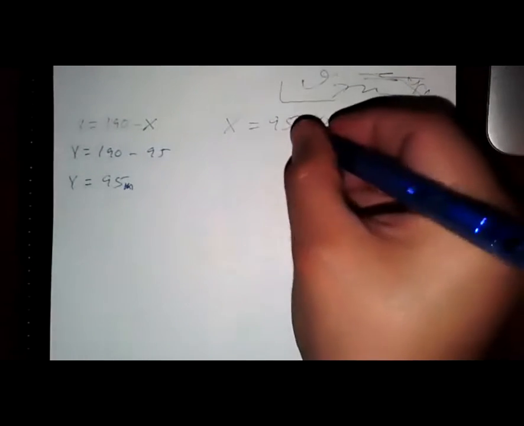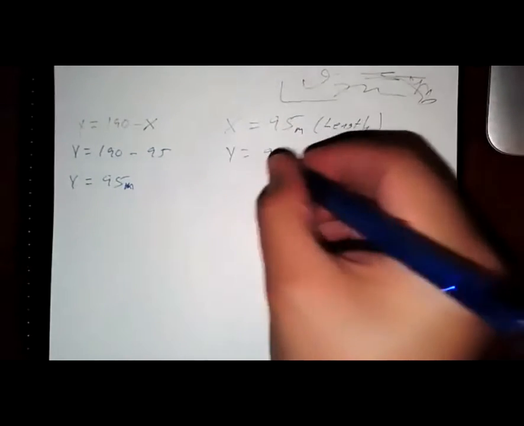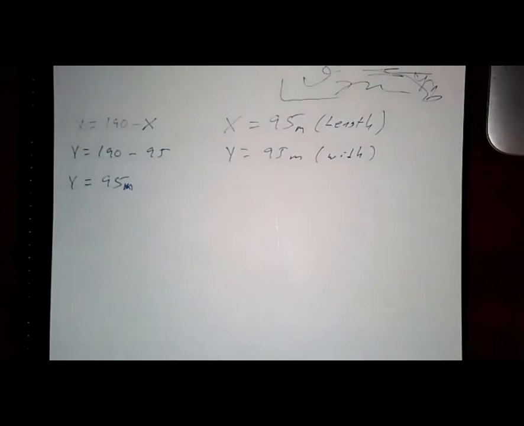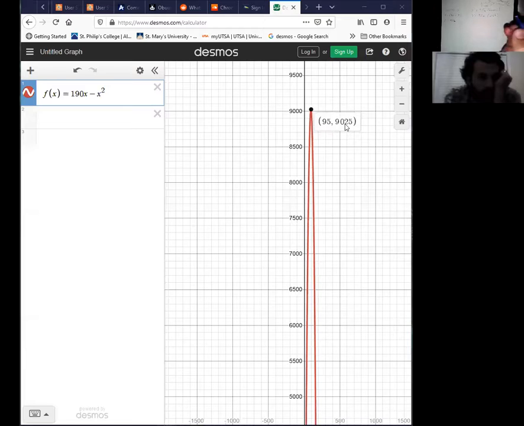But in this case, they are equal. It doesn't always happen, but turns out when the length and width are the same, with our restricted perimeter, we will have the maximized area. And that maximized area was what, like 9,000 something on the graph, right? I want to say 9,025.